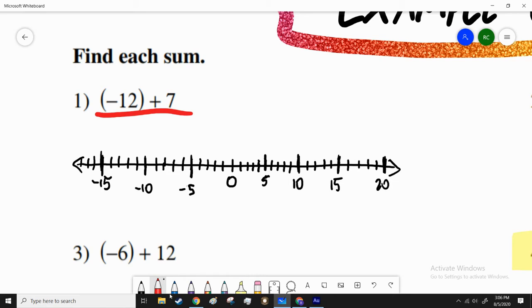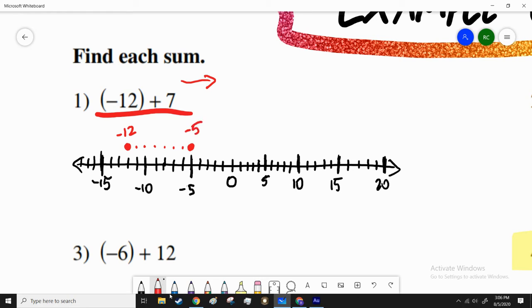Negative 12 plus 7. Well, all right, where's negative 12? Negative 12 is a little bit below negative 10, right? There's negative 12. Plus 7 means we are moving to the right. 1, 2, 3, 4, 5, 6, 7.